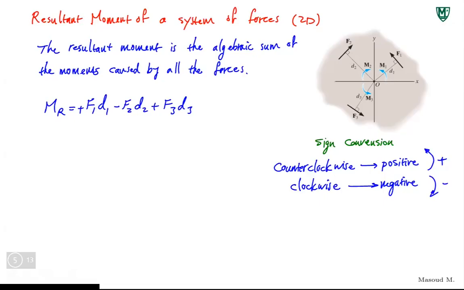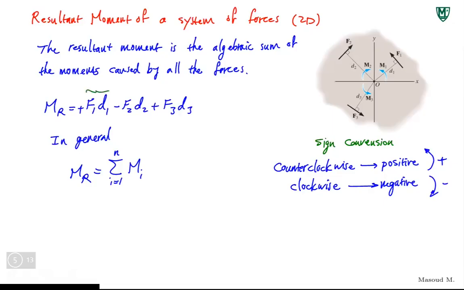Now, in general, right? Let's put it in general form. When you have multiple forces, the resultant moment would be the summation of all the moments, from 1 to n, n being the number of forces you have in that plane.